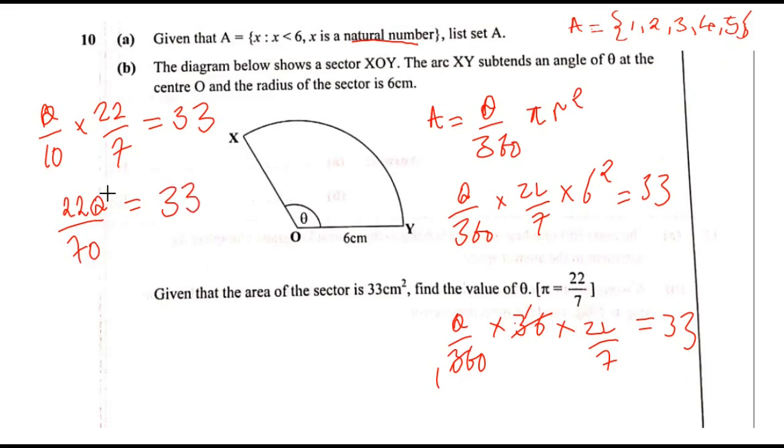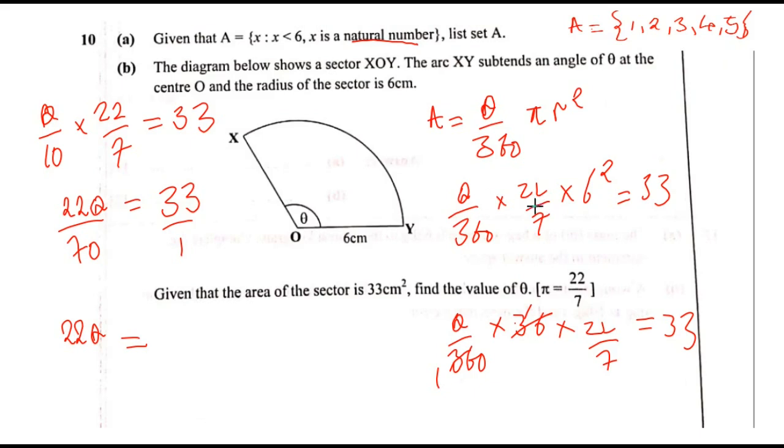Right here we can already see that we have just one expression, so we can cross multiply. We have 22 theta times 1 gives us 22 theta, which is equal to 33 times 70.